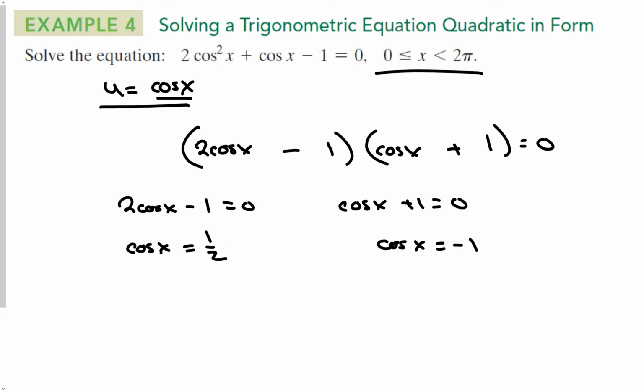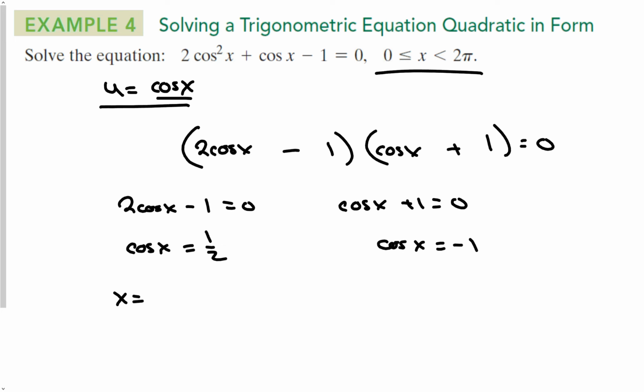We only want these answers. So again, we can add 2 pi, but I don't even have to do that because I know that these answers, if I just look at the unit circle, are not transformed. There's no extra number inside with the variable, so I don't even have to worry about that. So I just need to know where on the unit circle the cosine is equal to 1/2.